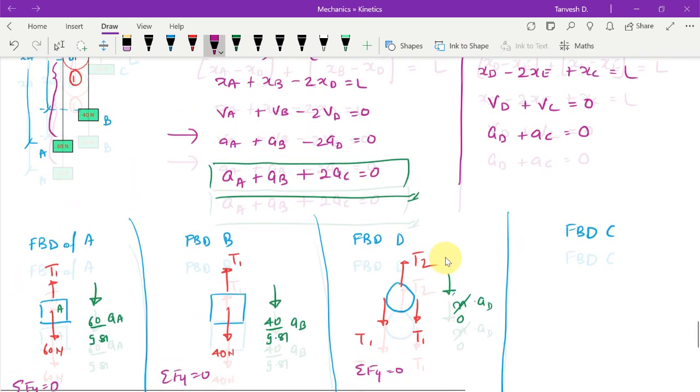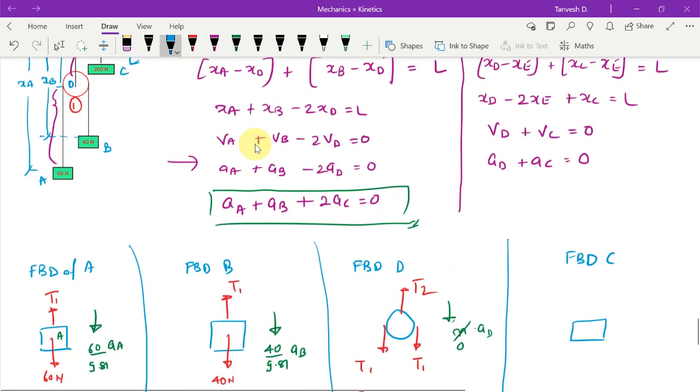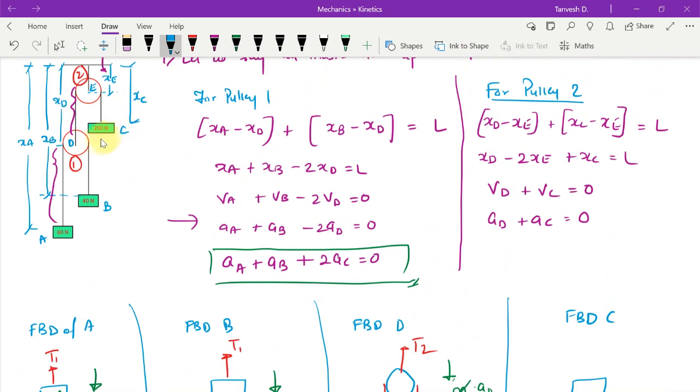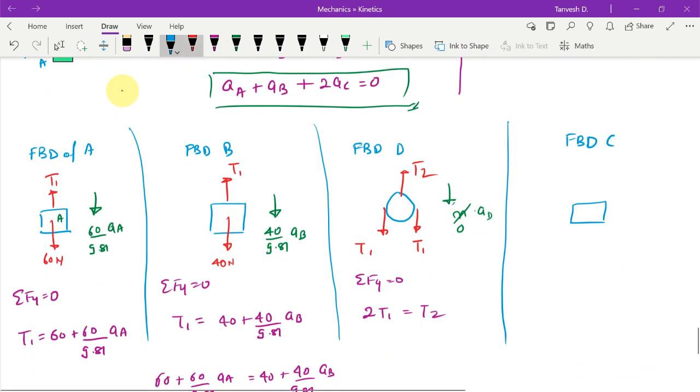Now let us move to FBD of C. So C is 200 newtons, and we only have the weight acting downwards and the tension upwards, right? The weight of 200 acting downwards, the tension T2 acting upwards, and since we are considering it to move up, its inertial force will also be downwards, which is 200 upon 9.81 times AC.